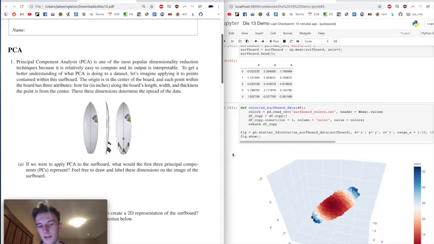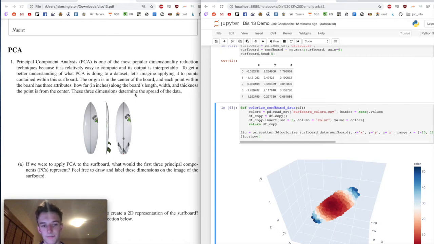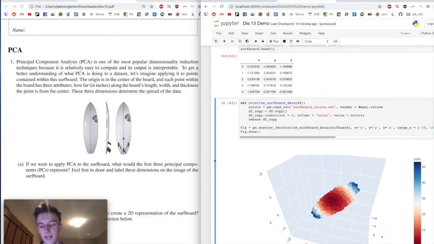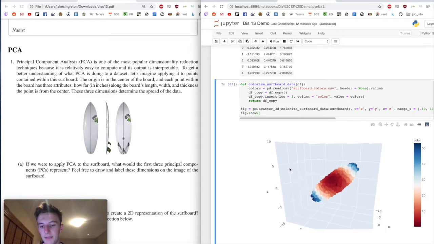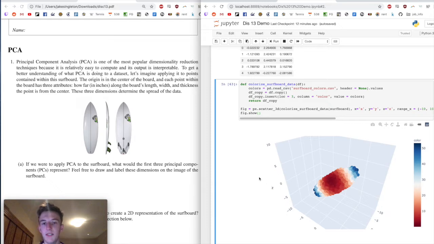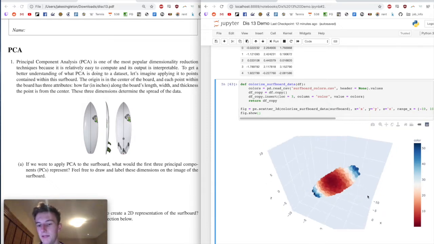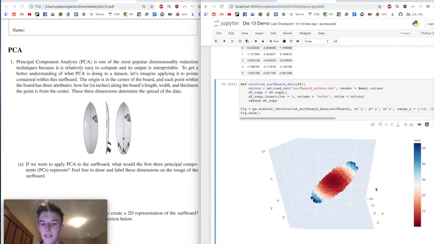So the 3 principal components are each going to be one of those. In understanding PCA, we talk about this a lot in lecture. What I think is really helpful when thinking about PCA is maximizing variance. That's the key part of what PCA is trying to do.